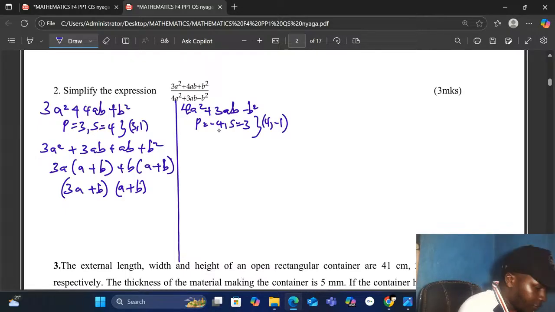Then we now solve. We shall have 4a squared plus 4ab, and then we minus ab, minus b squared.